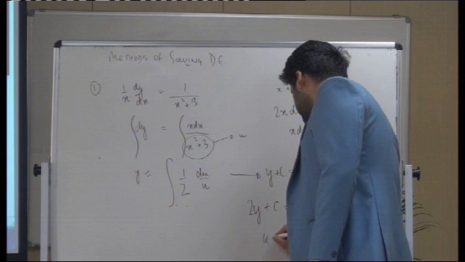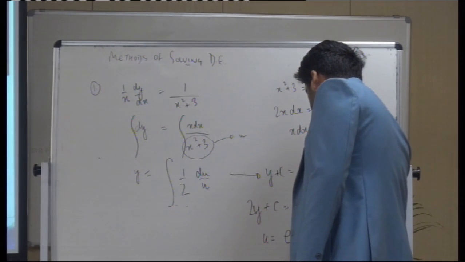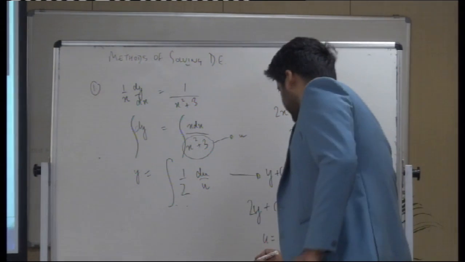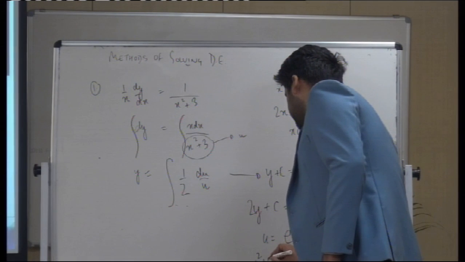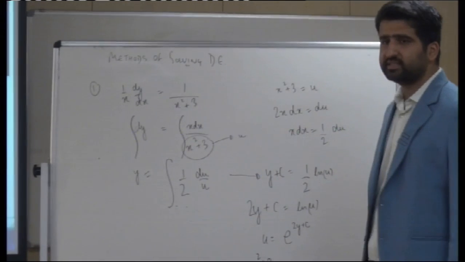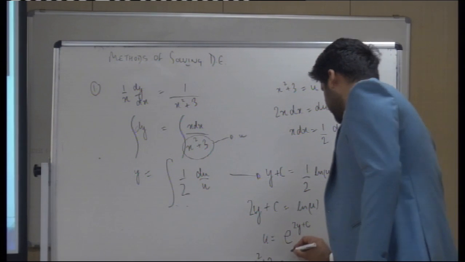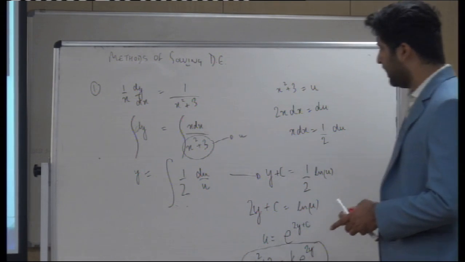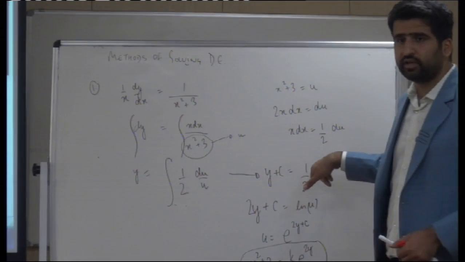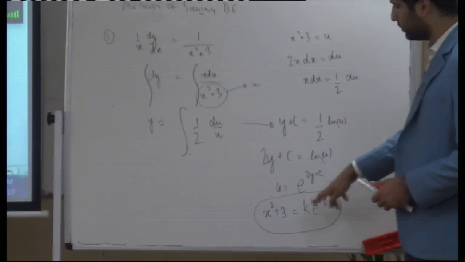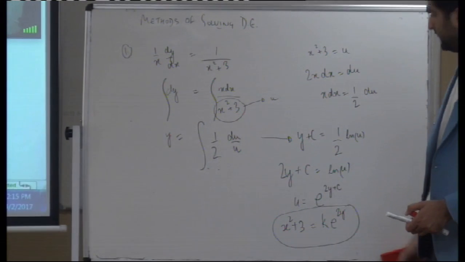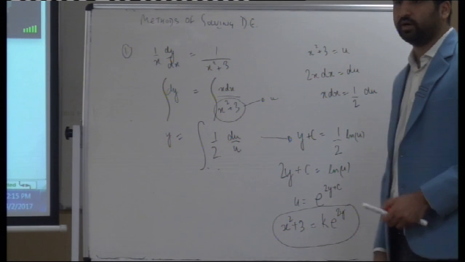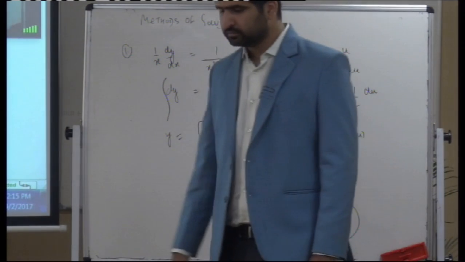It will be u is equal to e to the power 2y plus c. Right? So what is the value of u? x square plus 3. So x square plus 3 is equal to, now e to the power c is a constant. I can separate it and it can be written like this, k times e to the power 2y. So most of the time in such questions, the solution is not given in the logarithmic form. So that's how you convert it into the exponential form. Okay. This plus c will be converted into a constant which is getting multiplied with e to the power 2y. Clear? Okay.